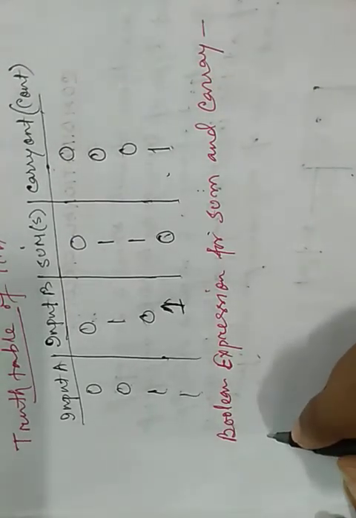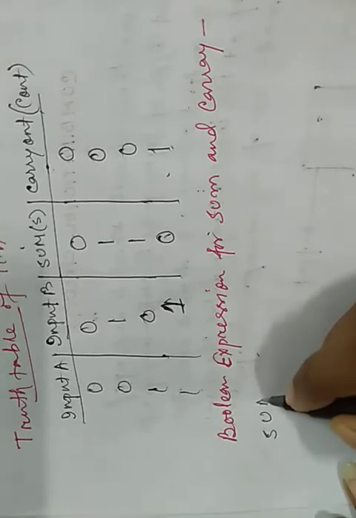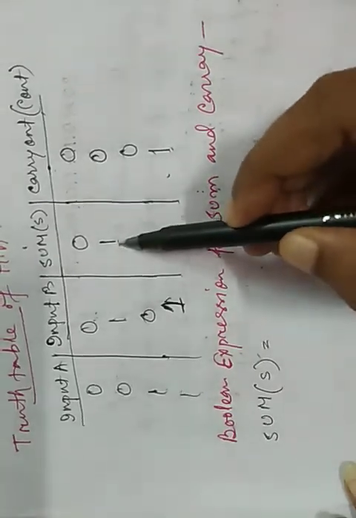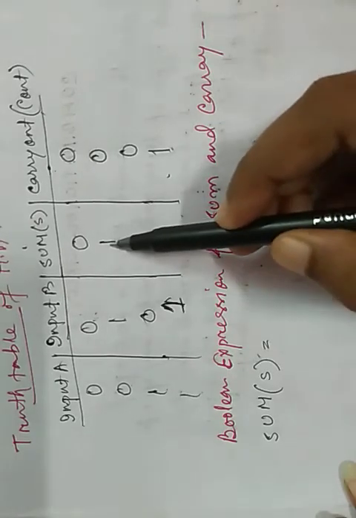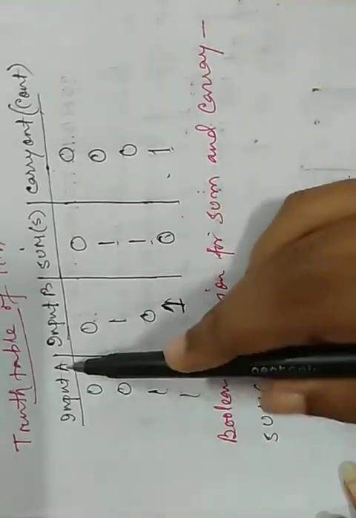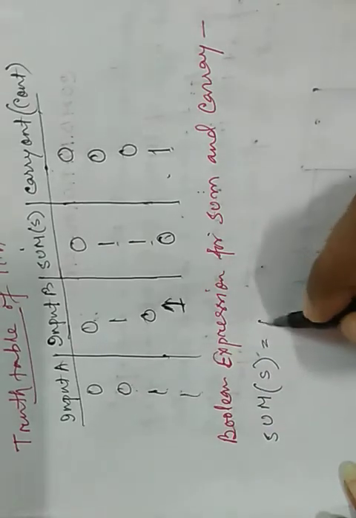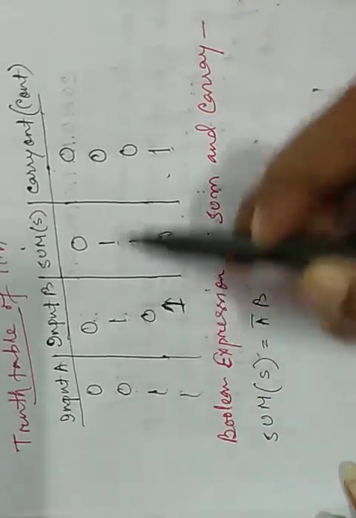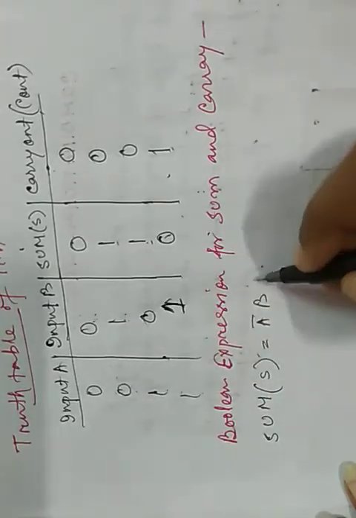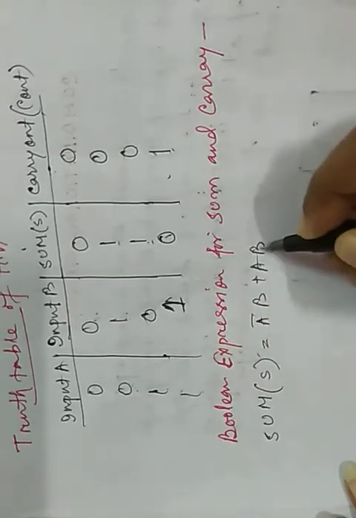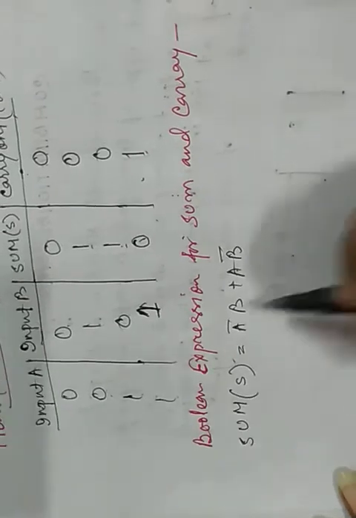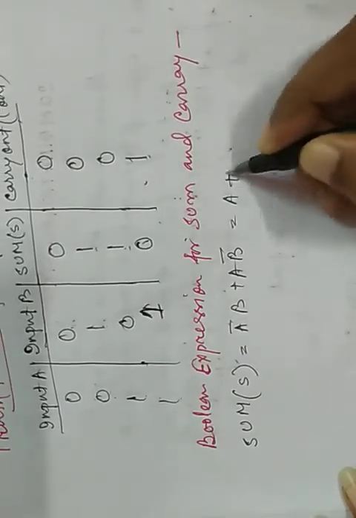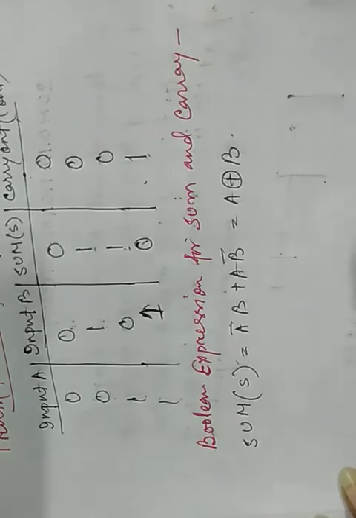Let us see, at first sum, S. For sum there are two min terms: 0 1, that means A bar B, and for 1 0, A B bar. So this expression A bar B plus A B bar is equivalent to the XOR expression.